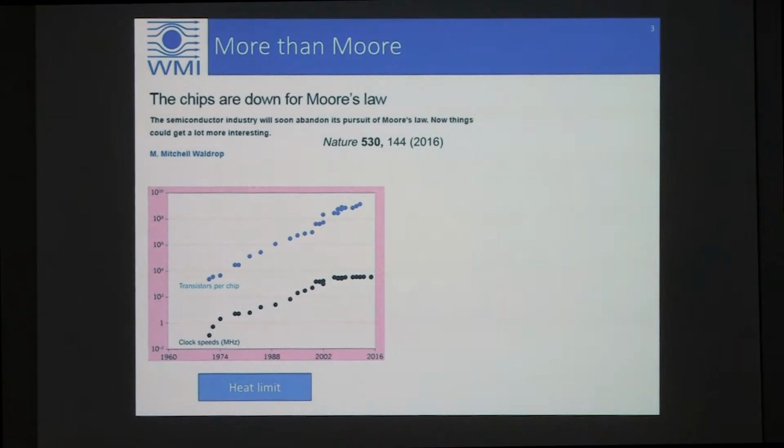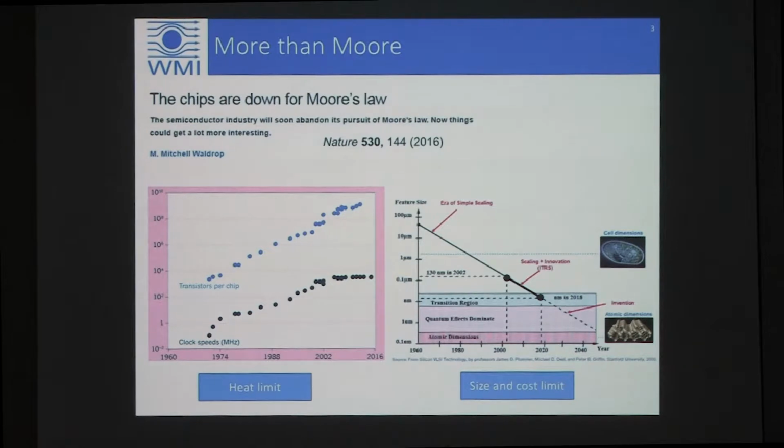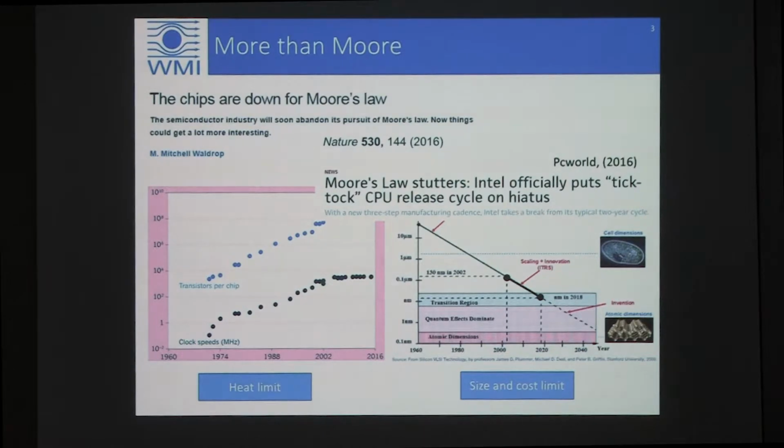That's mainly due to a heat limit, and more fundamentally, we know that the structure size of our semiconductor chips is approaching quantum limits or eventually atomic dimensions, so we need to come up with some new ideas to get going with future information processing.